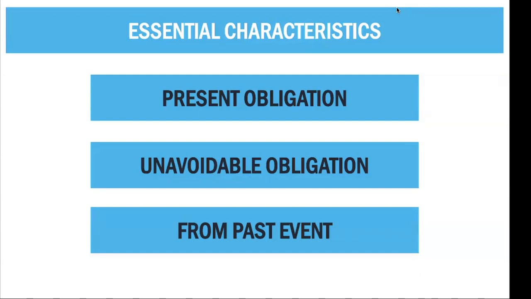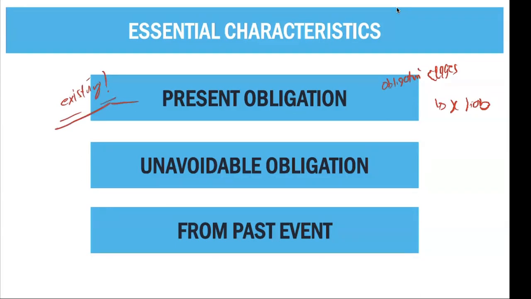When we say present obligation, there must be a current obligation because once the obligation ceases, it is now considered not a liability. So the obligation first must be present, meaning it is existing.